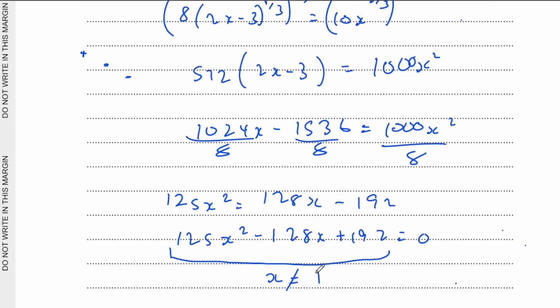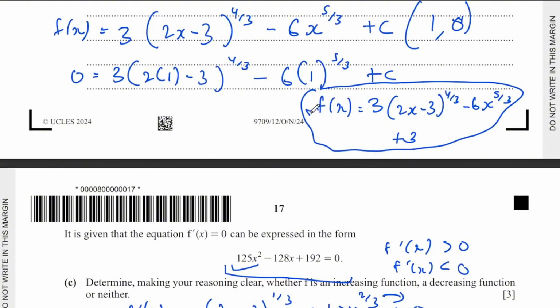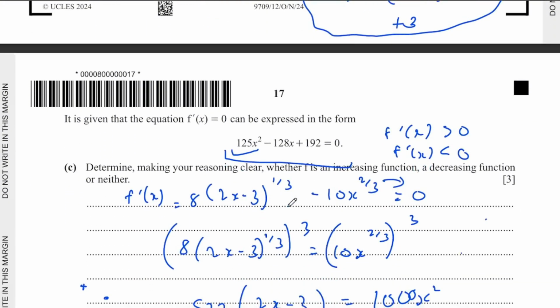There won't be any solutions for this equation right here, which means there is no turning point in the original equation. This equation does not have a turning point, which means the gradient is either always positive or always negative. It can't just suddenly change, right? So it's either always positive or always negative.